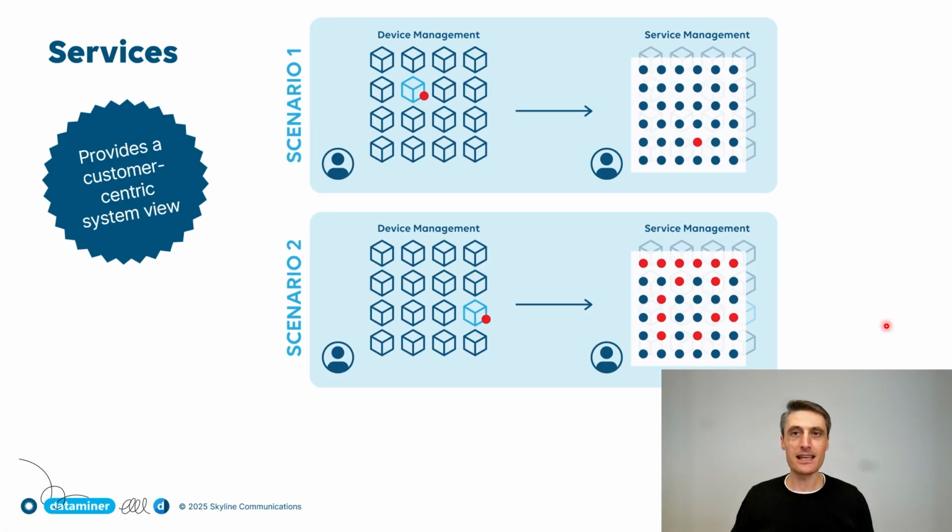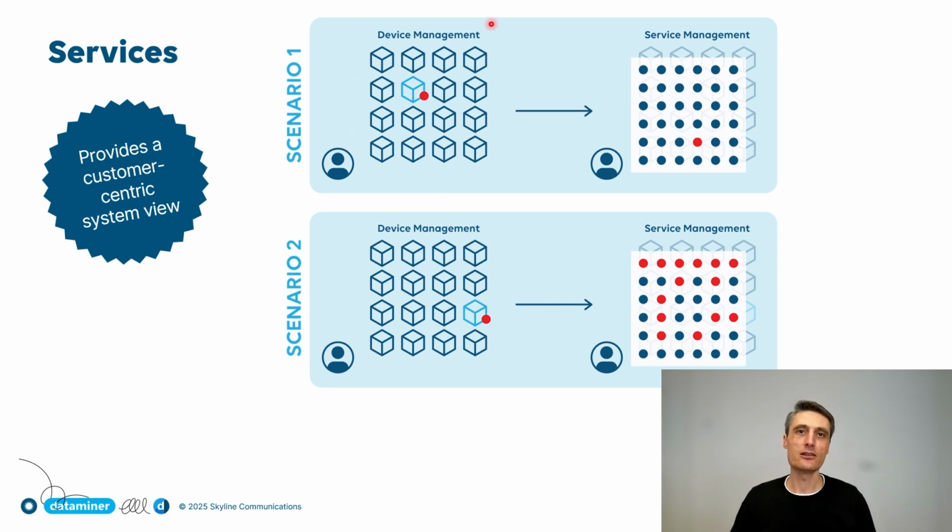Now, that extra layer actually gives you a very nice service layer on top of your system, because if we are considering here 2 scenarios, scenario 1 on top and scenario 2 below that.